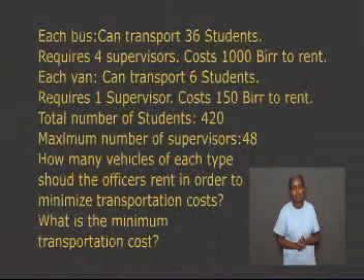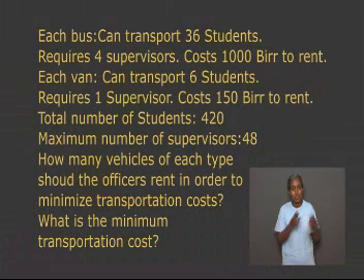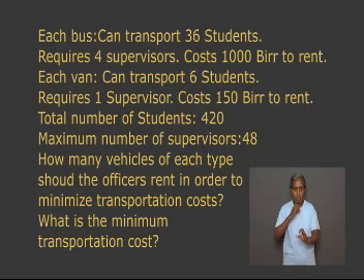I will leave you with one last exercise to consider before we finish today. You may work with a partner to complete this activity once the lesson is over. The officers of a high school senior class are planning to rent buses and vans for a class trip.